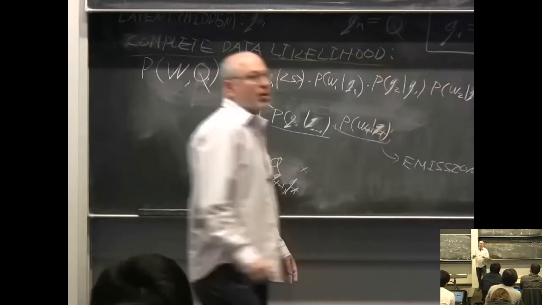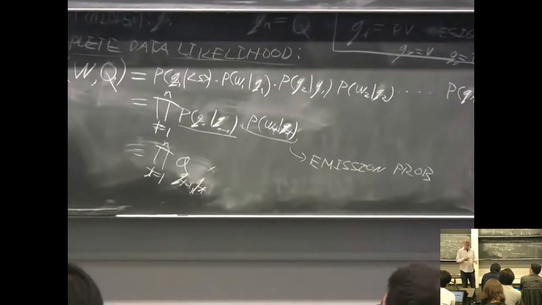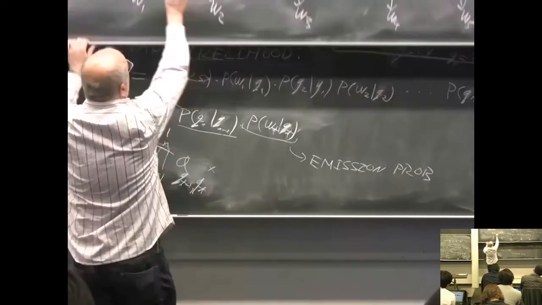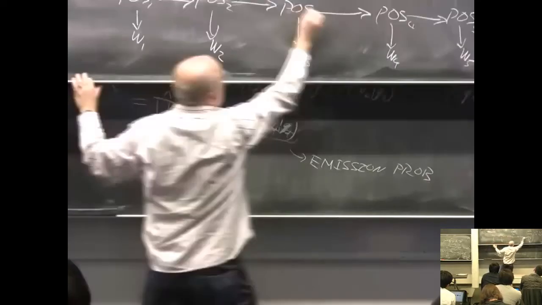So HMMs have two kinds of probabilities, transition probabilities and emission probabilities. Why is it called emission? Because you're emitting an observable symbol. You're emitting something that people can observe. These are the transition probabilities. These are the emission probabilities.